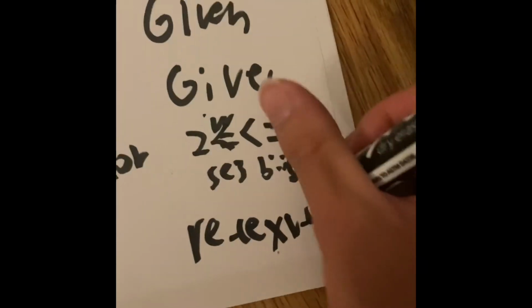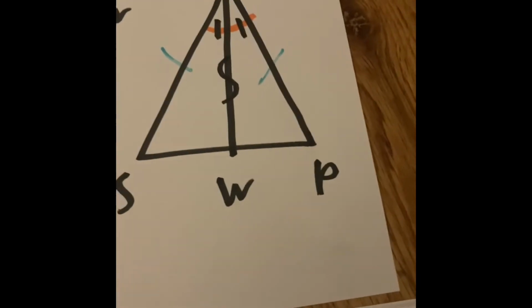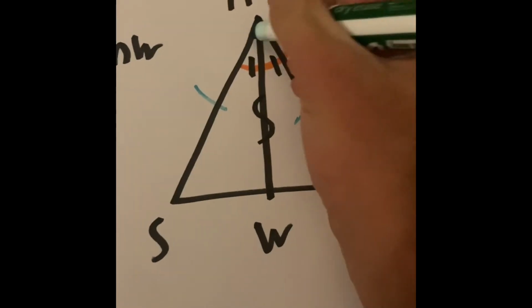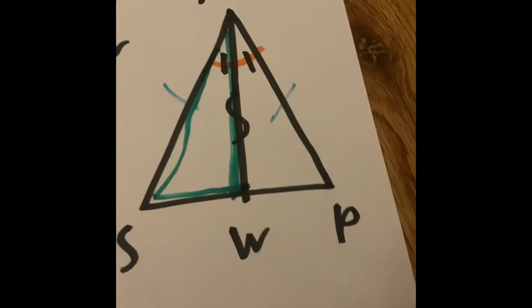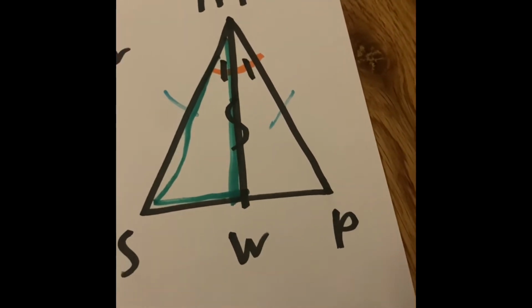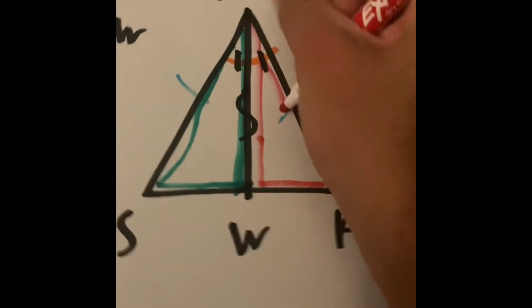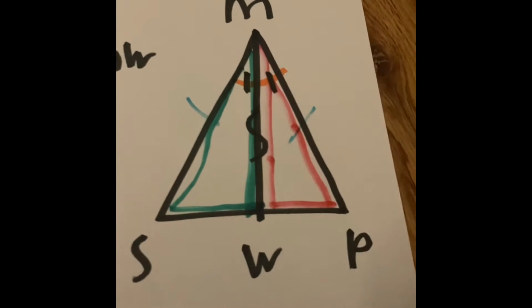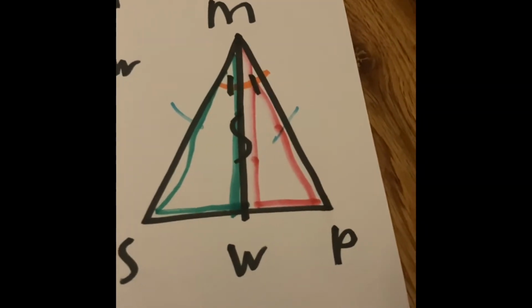But the reason why we're trying to do that is we're trying to make steps to make sure that this triangle right here is going to be congruent with this triangle right here. The reason why we're trying to find two triangles is this.